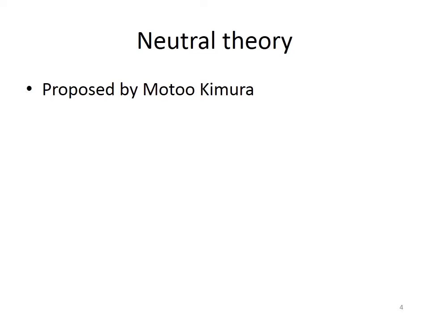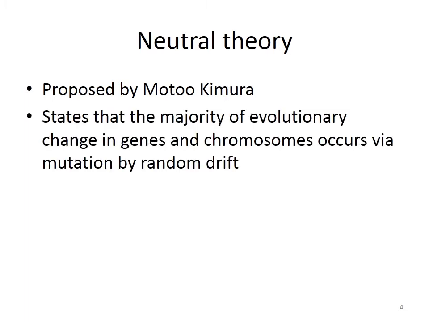There's something called the neutral theory. This was proposed by Motoo Kimura. It states the majority of evolutionary change in genes and chromosomes occurs via mutation by random drift. So the neutral theory suggests that most change in DNA sequences and proteins will take place in regions that would not affect organism fitness drastically.